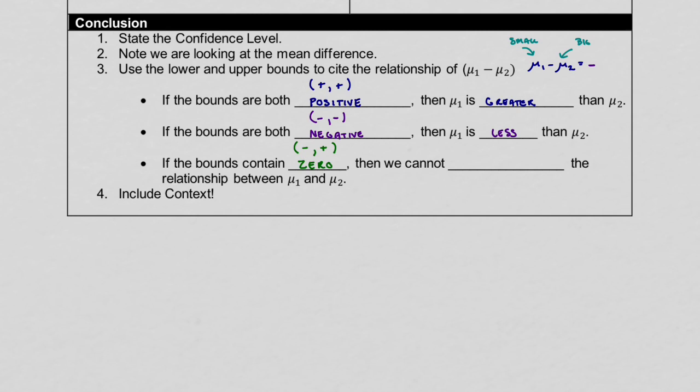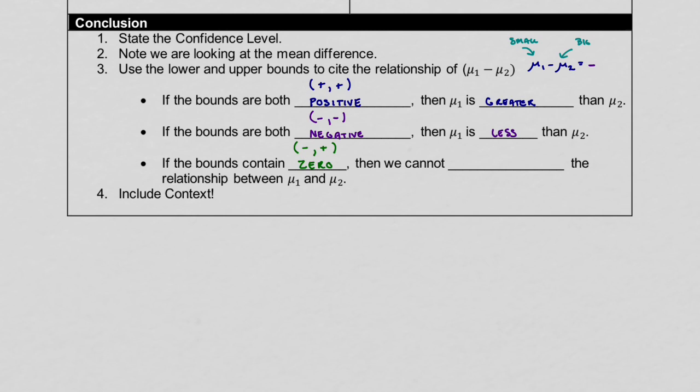Also, as a side note, if you are wondering, what if the lower bound is positive and the upper bound is negative? That can't happen. Our confidence intervals go in numerical order. So there's no way that we would ever have a positive number be smaller than a negative number. Hopefully that is clear, despite the audio.